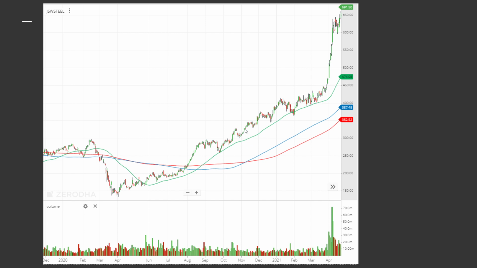If that trade was executed around this point, it continued to move higher, and it was a multi-bagger in those 6 months from there.